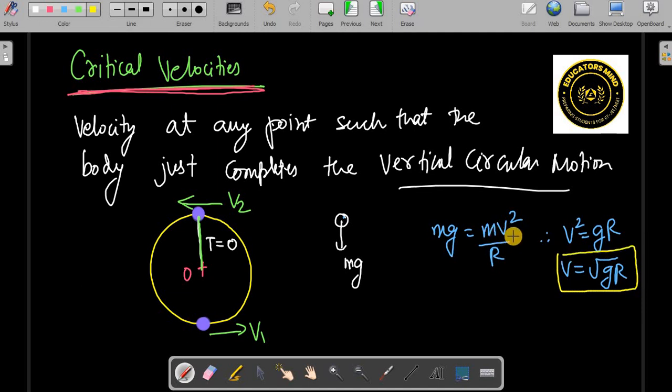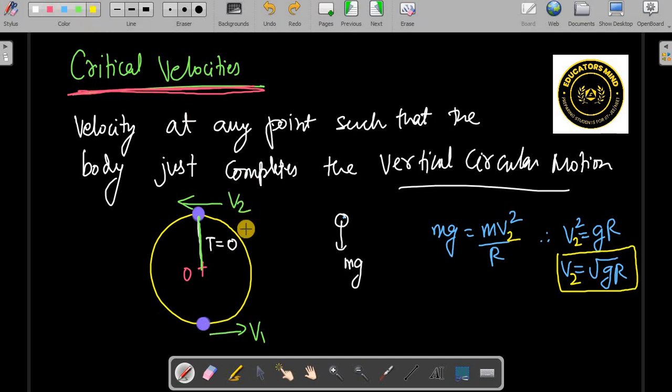This v is v2. V2 is equal to root gr. Okay, that's the critical velocity at the top.